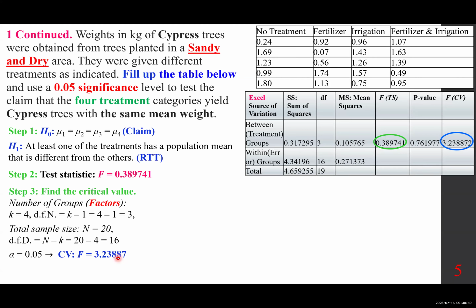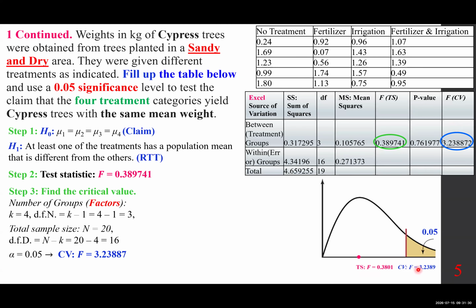So this is degrees of freedom for the numerator. This is degrees of freedom for the denominator. Alpha is 0.05. You have different tables for F distributions. You want to make sure, first and foremost, alpha is 0.05. And you look it up, you have the answer. Or just the technology gives you the answer.